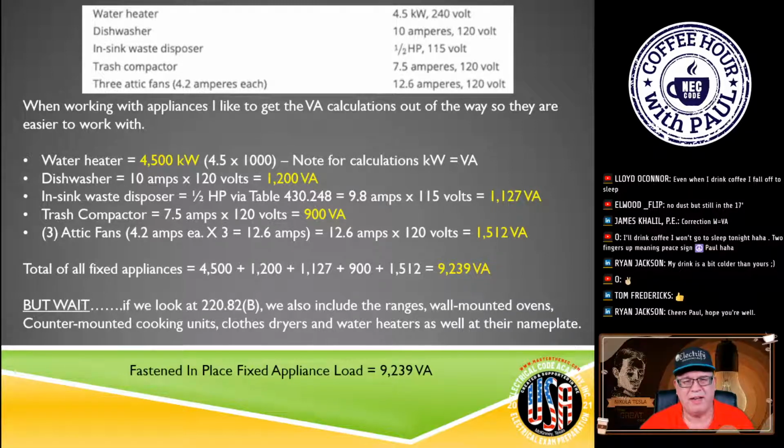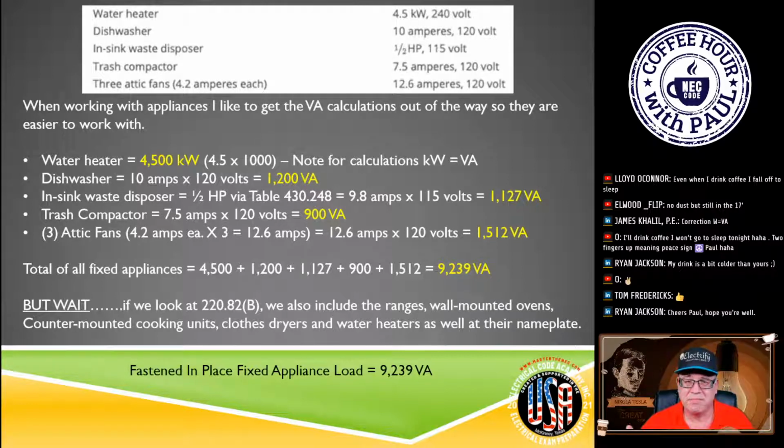All right. So 7.5 amps times 120 volts, because that's what's given, and that gives us 900 VA. Now we have attic fans. These attic fans, we're going to treat these as appliances. There's 3 of them. There's 4.2 amps each times 3. Now, if you're taking an exam, be careful because they could give these in horsepower. If they give these in horsepower, then they could be motors, but chances are these will not be the largest motors.